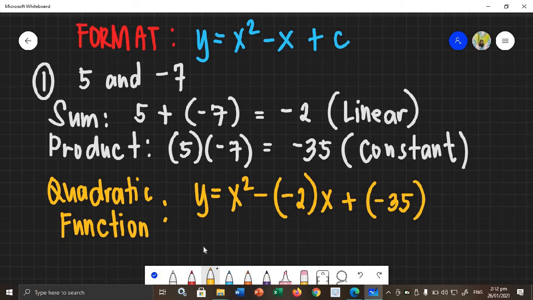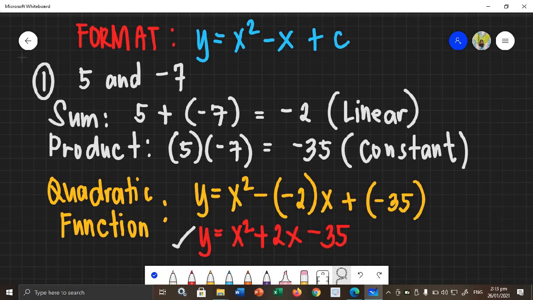Okay? So, now, kapag sinolve natin yan, solve nyo lang yung sign para mawala yung parentheses. So, we have x squared, negative times -2, that will become positive 2x. Okay? And then, positive times -35, that is -35. So, this is now the quadratic function required. So, yan na yung quadratic function na na-derive mo. Okay, y is equal to x squared plus 2x minus 35.